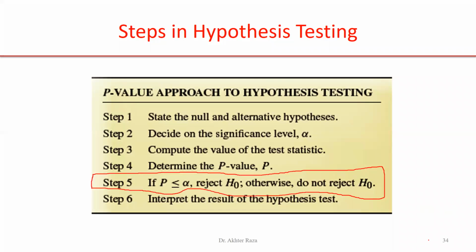Here we have continuous steps. Compute the value of the Z statistic, search this value in the table, and determine a probability. That probability is called the p-value. If the p-value is less than alpha, reject H naught, otherwise accept H naught. Finally, step number 6 is the same.